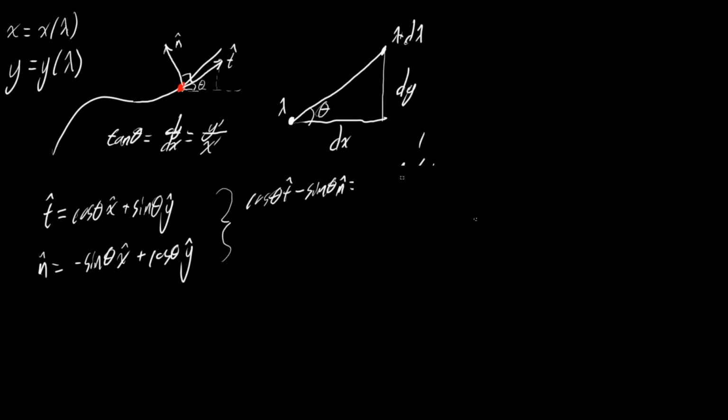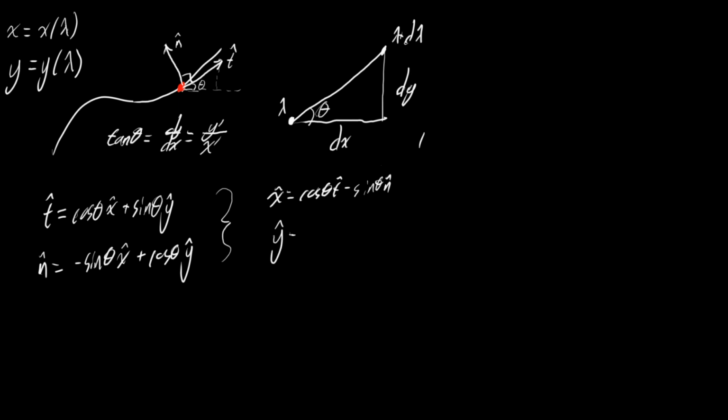So that's very nice. And I'm just going to do the same thing for n hat, and you may derive this for yourself. Let me just write this down. So we're going to get x hat is equal to cosine theta t hat minus sine theta n hat.